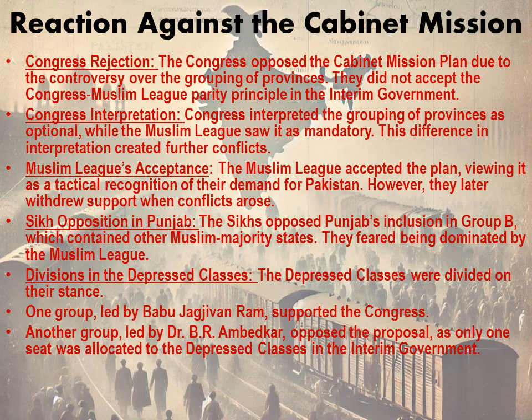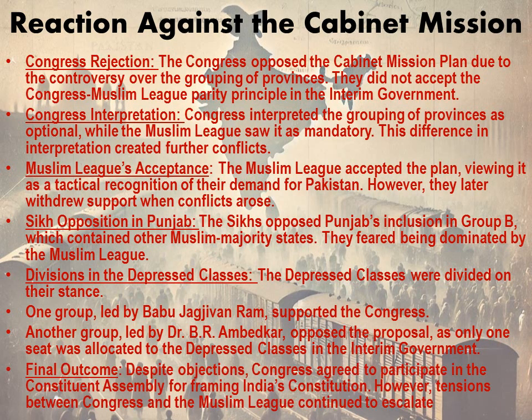So, in the interim government, that is temporary government until a real government is formed, only one seat was allocated to depressed classes. However, B.R. Ambedkar wanted seats on the basis of population. The percentage of population of the depressed classes demanded more than one seat. So that was the argument provided by Dr. B.R. Ambedkar.